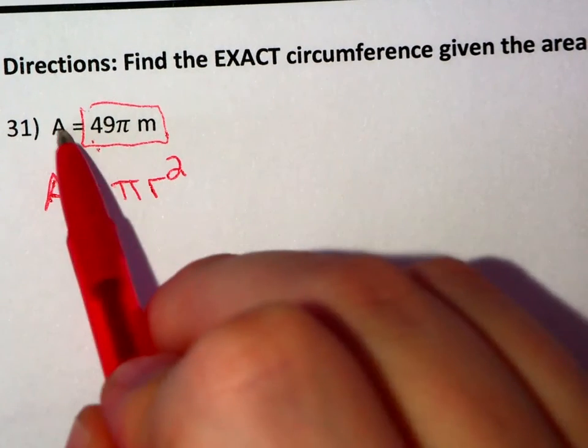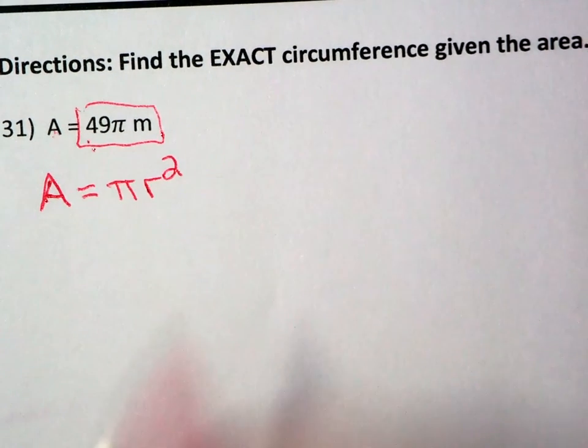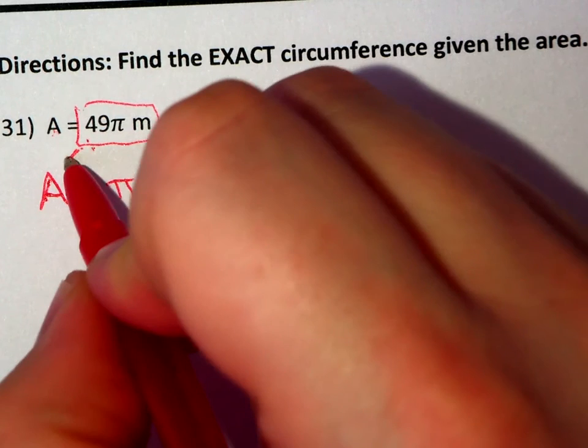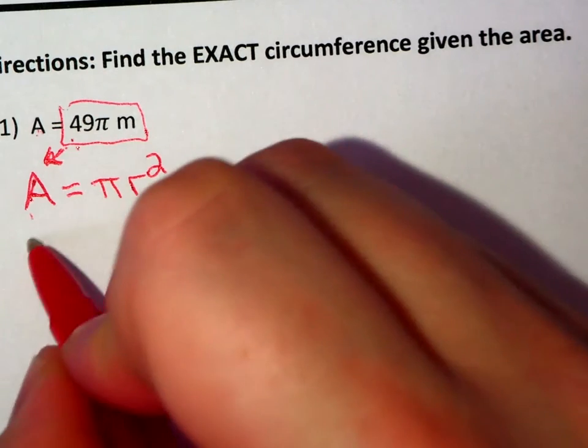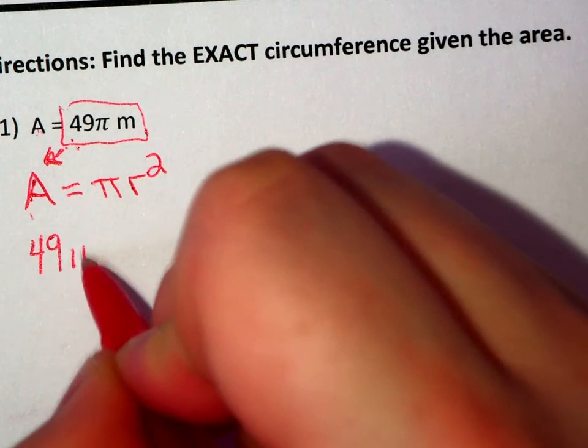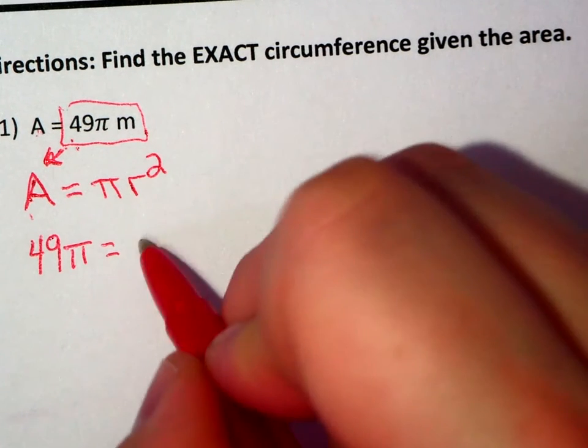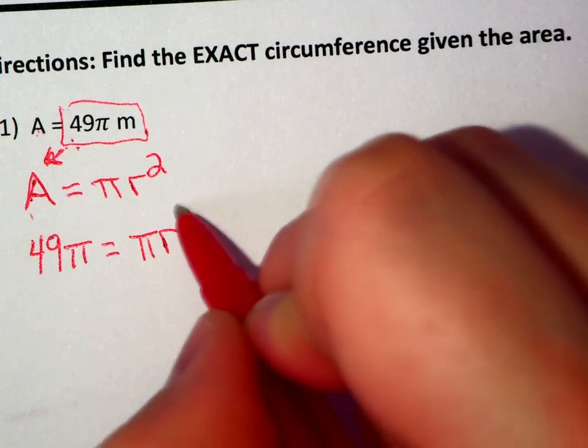Since it tells me my area is 49 pi, I'm going to plug in 49 pi in place of my area. 49 pi is equal to pi r squared.